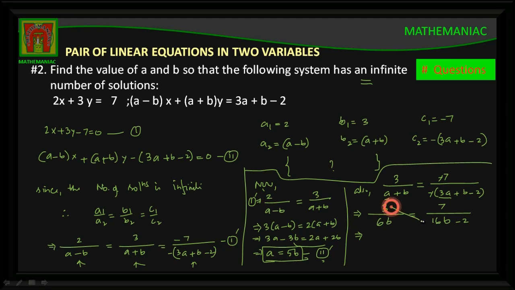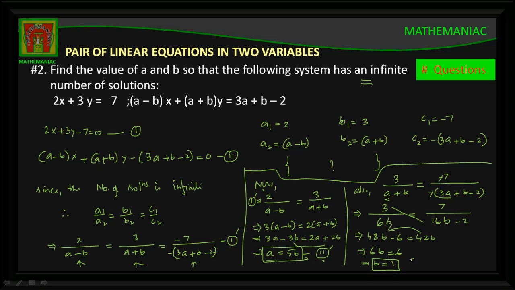So I multiply these things first. 16 3s are 48b, then 3 2s are 6, then 7 6s are 42b. So what exactly you'll be getting now? If you bring down this 42b to the left side, you'll be getting 6b equals 6, giving you b equals 1. Great.